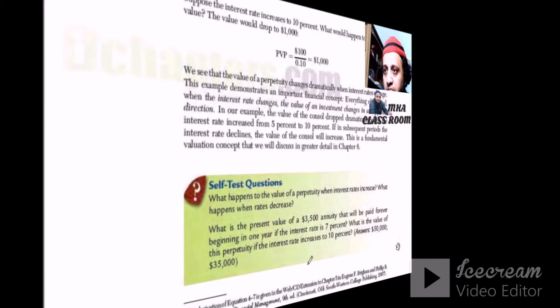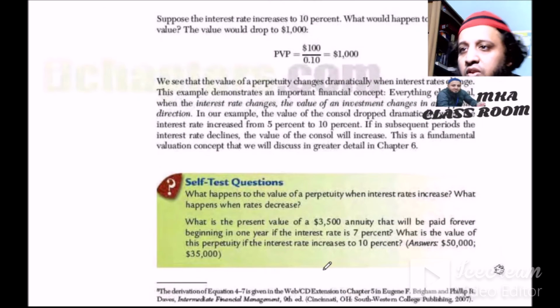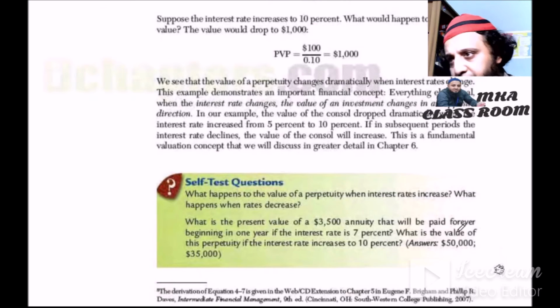Now we will see what is the present value of a 3,500 annuity that will be paid forever, beginning in 1 year, if the interest rate is 7%.